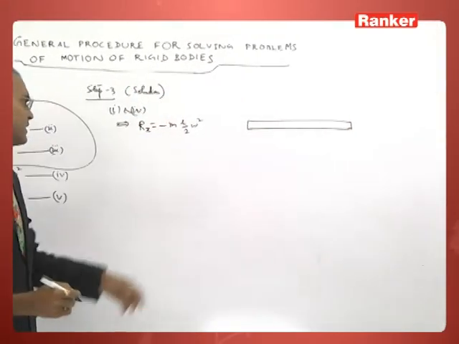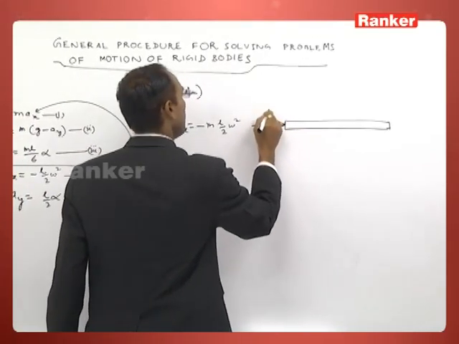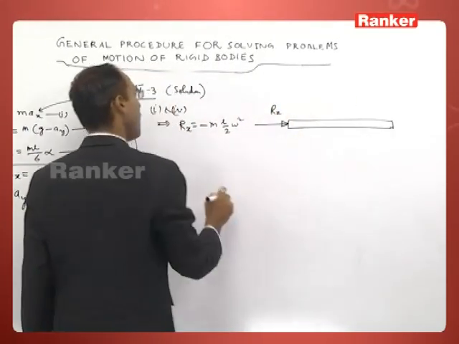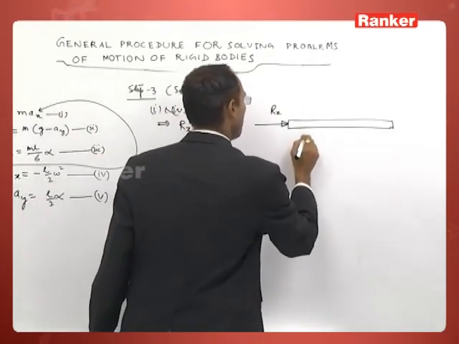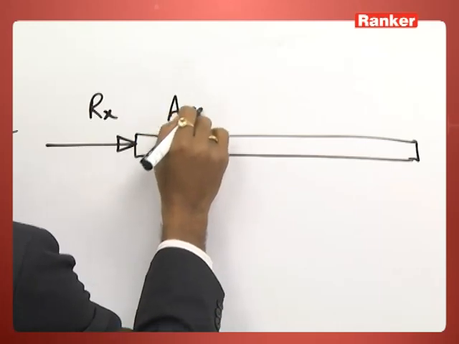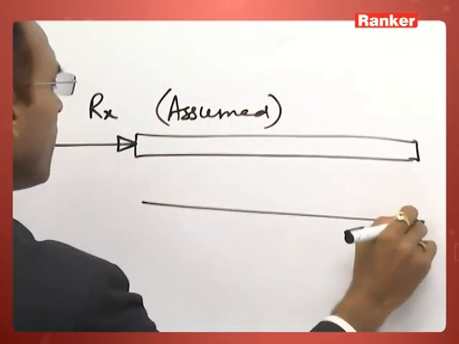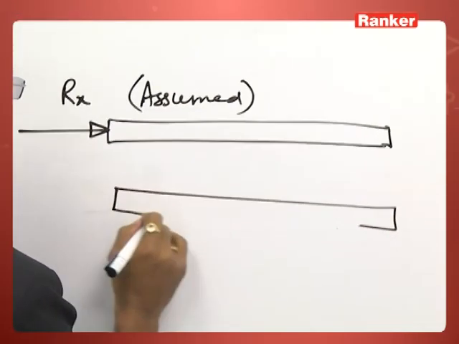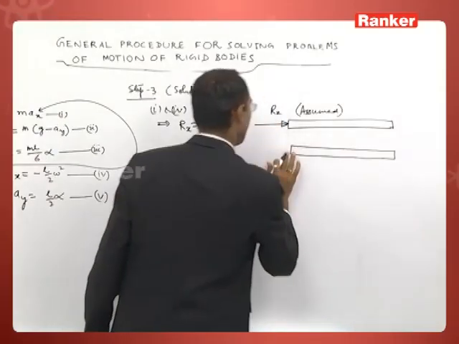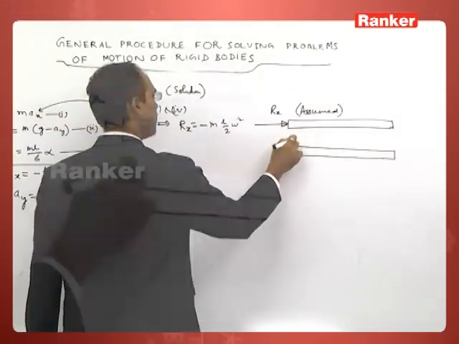So the negative sign physically signifies that we have taken Rx in this direction, but we are getting a negative result. Therefore, this is the assumed diagram, and this is the actual diagram.